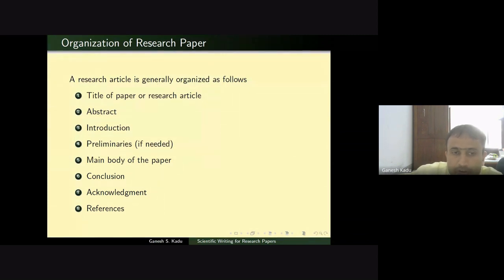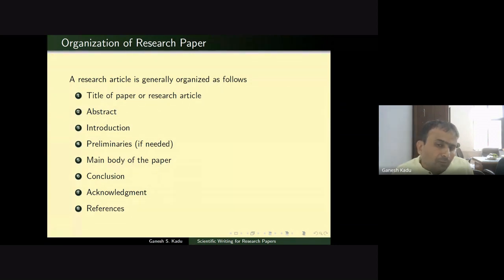This is often important because if your paper is not self-contained, if you're using some notations, and if the reviewer or the reader of the paper is not familiar with the notations, then it can be problematic.